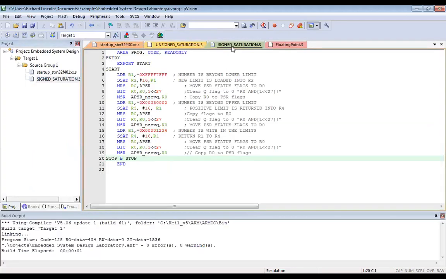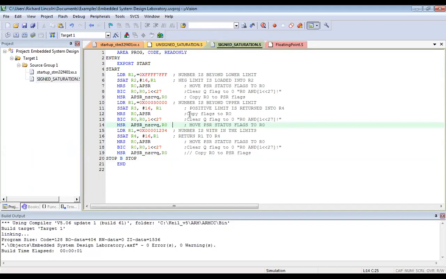First we'll start off with signed numbers. A value, a number, is given to R1, beyond which the transfer is not going to happen, but the limits themselves are taken.